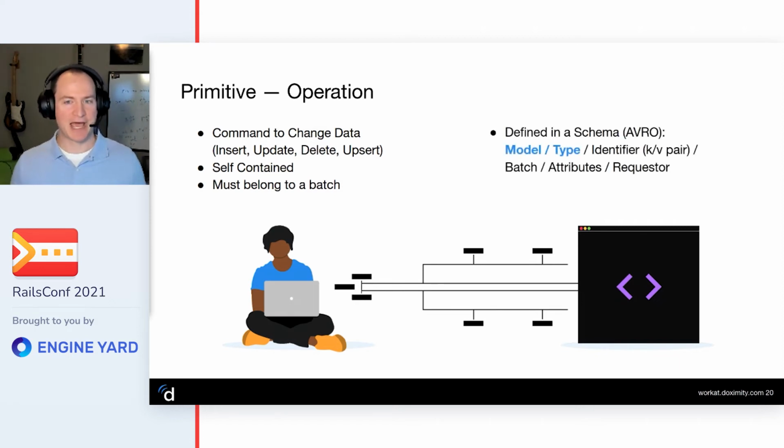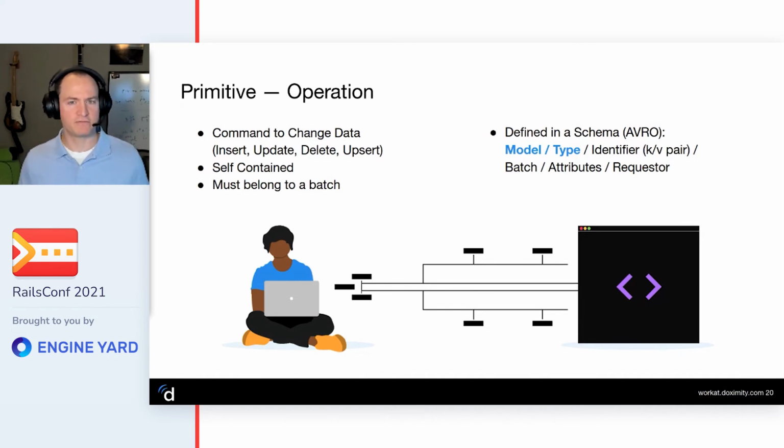And some of the specifics about how we did our operation. We created the operation concept, and whenever we are dispatching out these operations, and I'll show you an example of what one looks like later, we used Avro and JSON in order to do this. Avro is a schema that allows us to validate the format of the values that are coming through. But the two things that I want to focus on here are model and type.